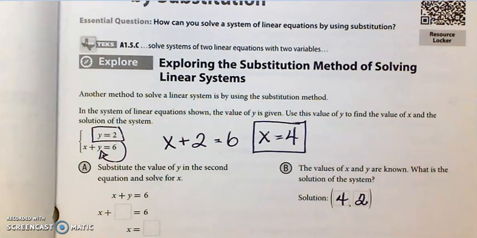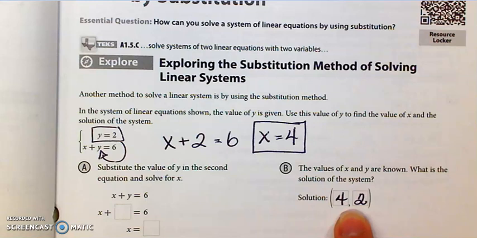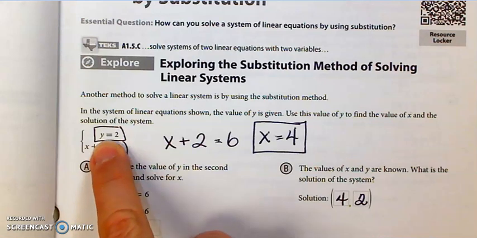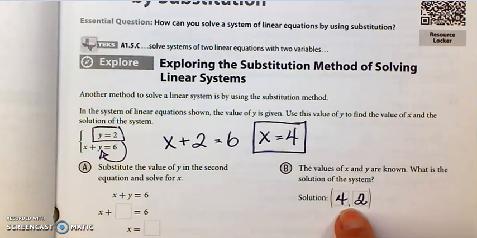What's the solution of the system? Well, 4, 2. That is the ordered pair. That's the solution. If you were to go back and do the first method and graph these two lines, this one would be a horizontal line, this would be another line, but they would intersect at this point.